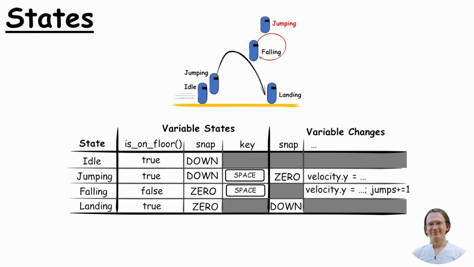I can now, while I'm falling, add another jump by pressing the space key again, and then I have to manipulate the velocity y value yet again. I should also keep track of the number of jumps I have in here. This is called jumps. And while I'm doing that, when landing, I have to set the number of jumps back to 0 so I can do it all over again. And that should sort out my multi-jump feature.